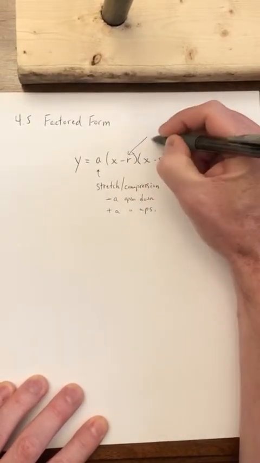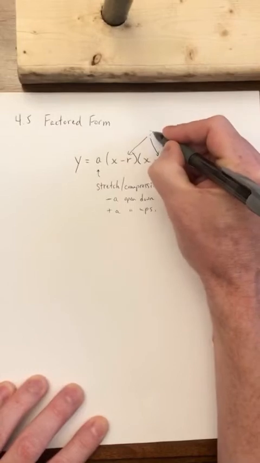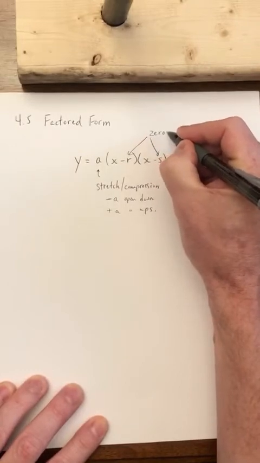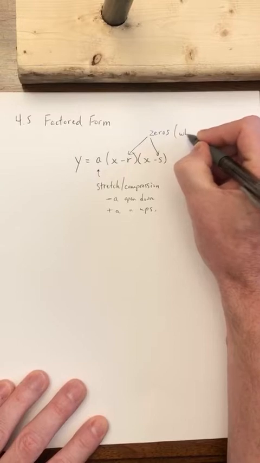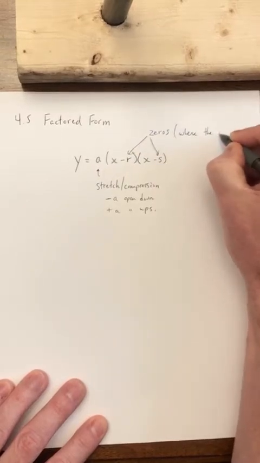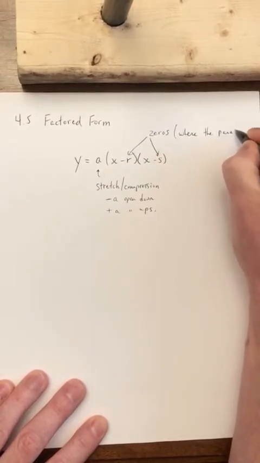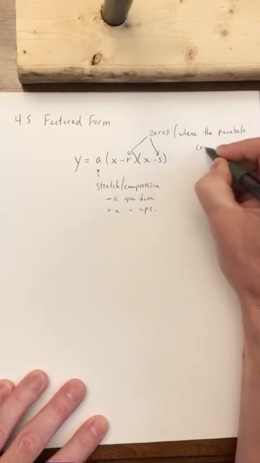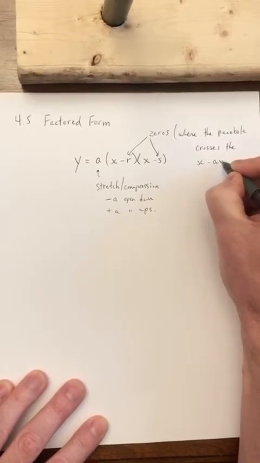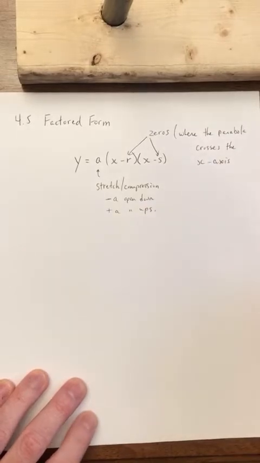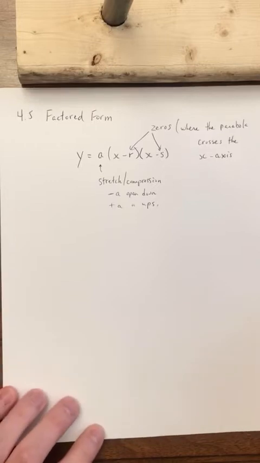And the R and the S, these refer to the zeros, where the parabola crosses the x-axis. So wherever it crosses the x-axis, those are known as the zeros. So let's try one of these.